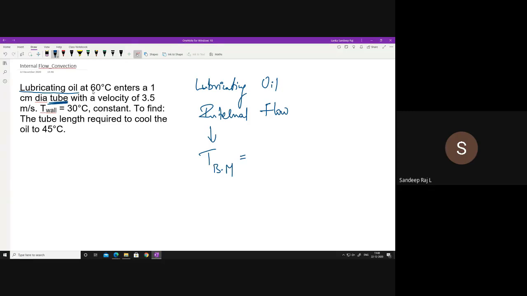So that we will do once we write what is given in the question. T inlet is equal to 60 degrees centigrade, the diameter is given as 1 centimeter, and the velocity is given as 3.5 meters per second.